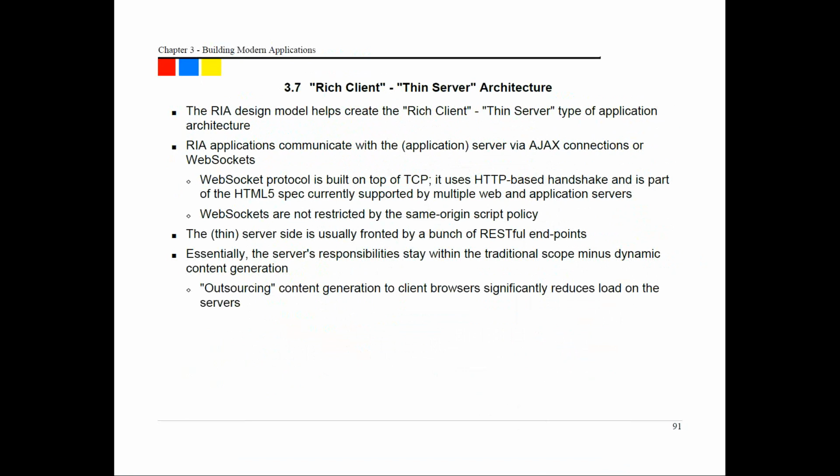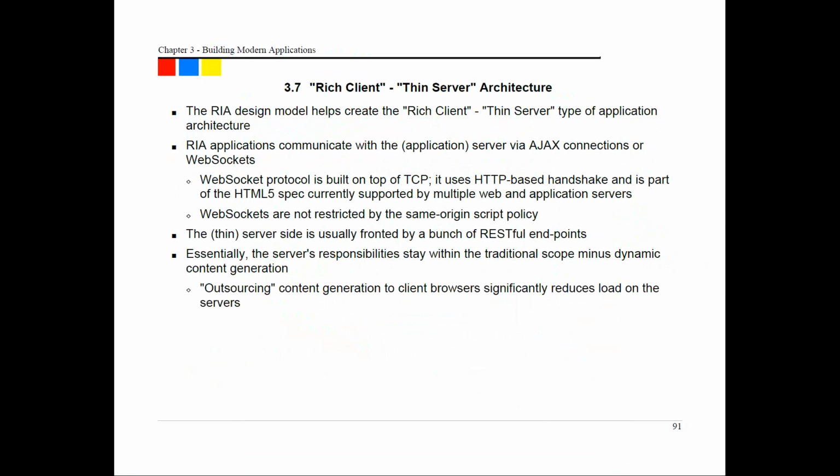The rich internet application design model says we'll have a rich client, thin server type of application architecture, where the application communicates with the application server via some communications, either through HTTP connections or WebSocket.